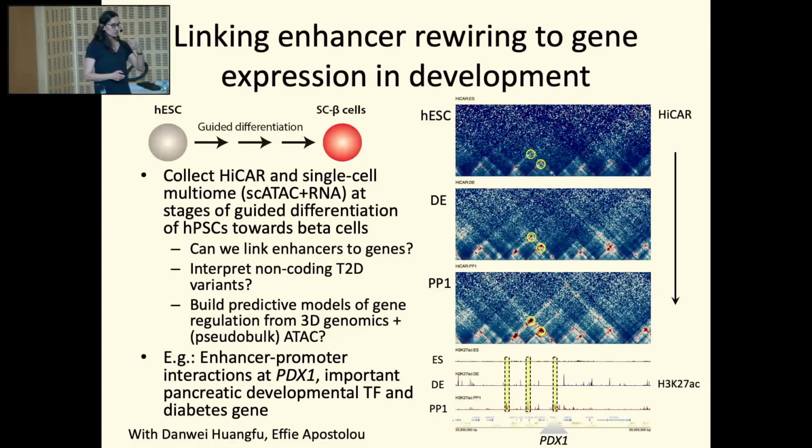It's a developmentally important transcription factor. It's a diabetes gene, okay? And it's gaining 3D interaction with its enhancers through differentiation. So you're seeing enhancer rewiring in differentiation. This is the kind of data we have.